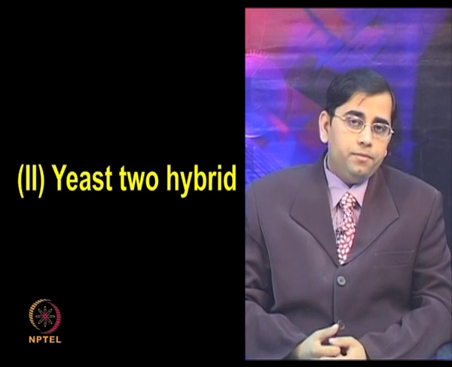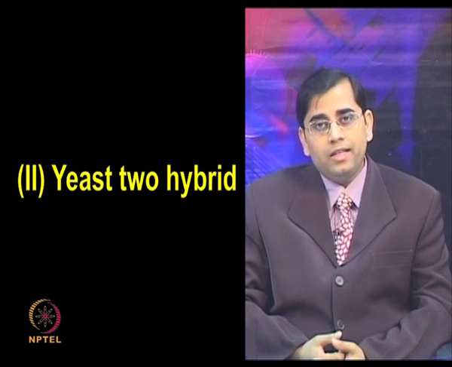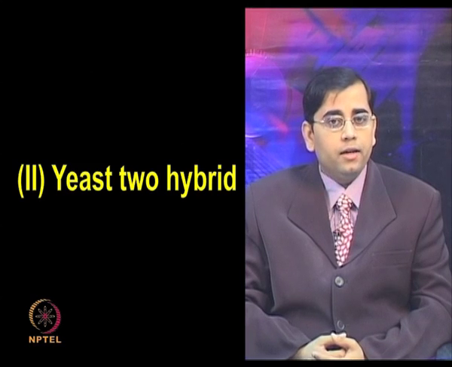In yeast two-hybrid, there are two different types of proteins involved, a bait protein and a prey protein. The bait protein is the protein of interest whose interaction is to be studied. The bait protein is fused with the binding domain, also known as BD, of the transcriptional activator.